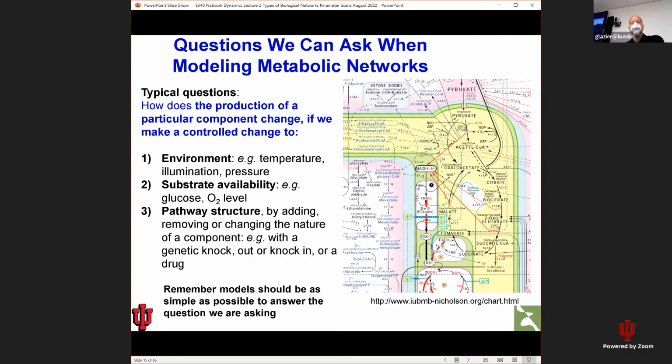And so then you could ask the question, suppose I have a vat full of bacteria and I'm trying to make molecule X, and I want to make molecule X as much as possible at as high a purity as possible. What temperature do I need to keep my vat of bacteria at? What density? What pH? What amount of glucose or other sugars do I give them? Those are basic bioengineering questions that one might want to ask. How much oxygen do they need? Do they need carbon dioxide as well as oxygen?